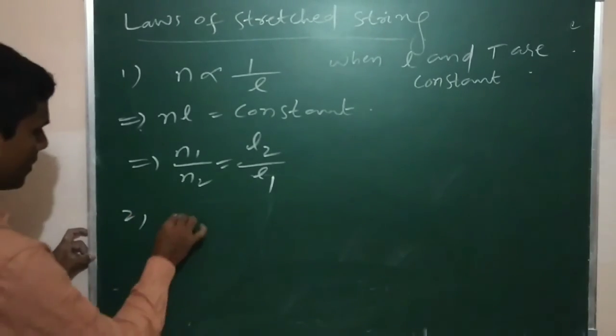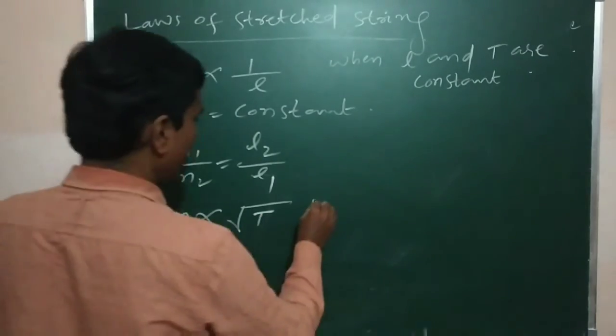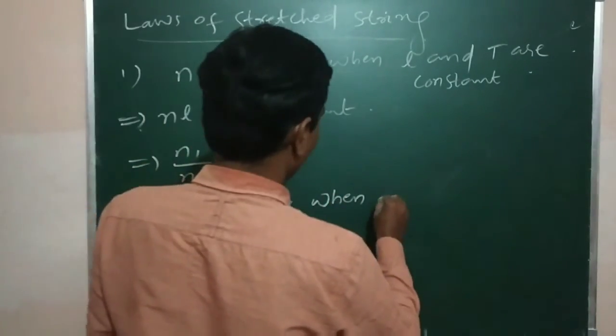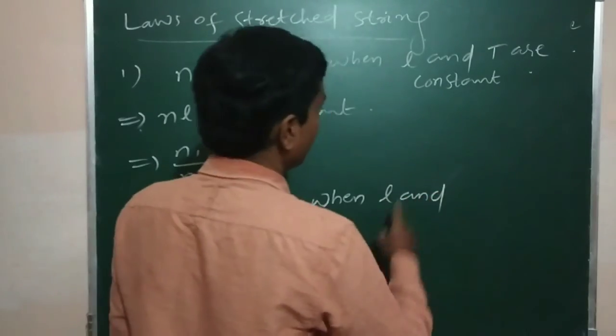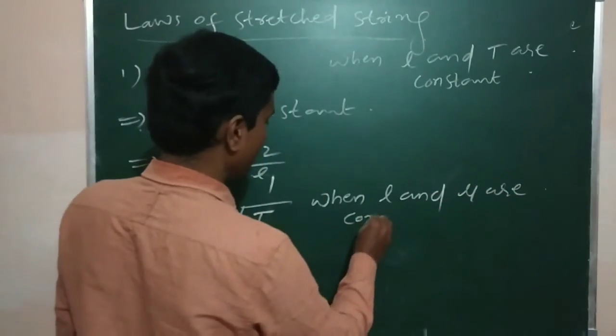The second one: n is directly proportional to root T, when L and mu are constant.